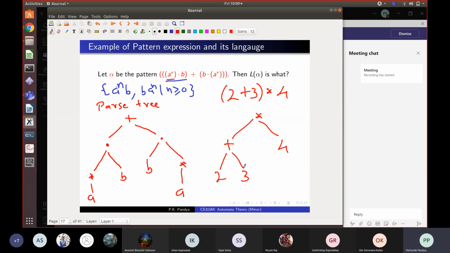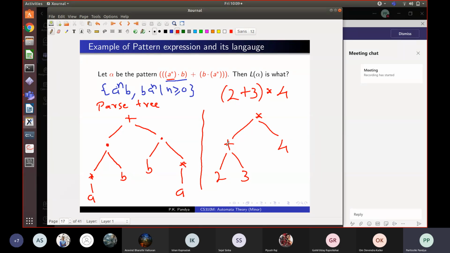And this is called the parse tree, which is telling what are the basic numbers and what are the operations applied to it. This sub expression will give you a number. This sub expression will give you a number. Combining these two using multiply, you will get the value. So you can calculate the value of this expression in a bottom up fashion. First, this red numeral 2 denotes the number 2. This red numeral 3 denotes the number 3.